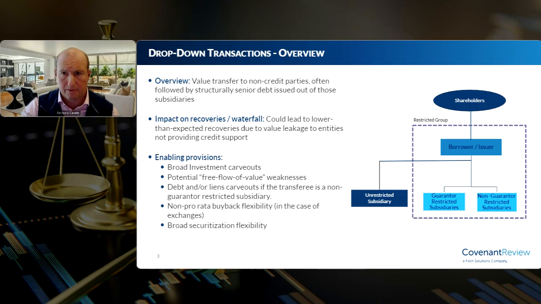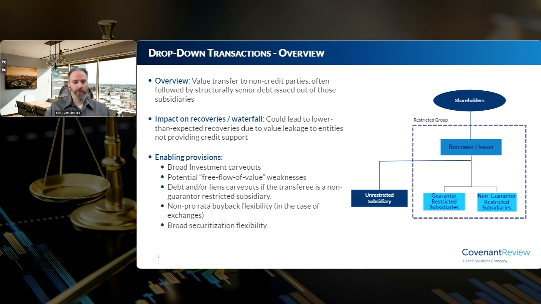Sure. Thanks, Tony. So an overview of how drop-down transactions work, and as Tony mentioned, this is usually referred to as pulling a J.Crew. The general idea is that collateral is stripped from the borrower or the issuer and moved into a non-guarantor entity, usually an unrestricted subsidiary, and then structurally senior debt is issued out of that non-guarantor entity, usually for the purpose of refinancing junior debt, as happened in the original J.Crew transaction.